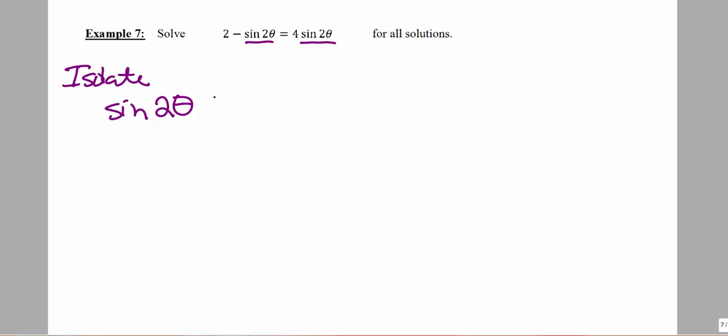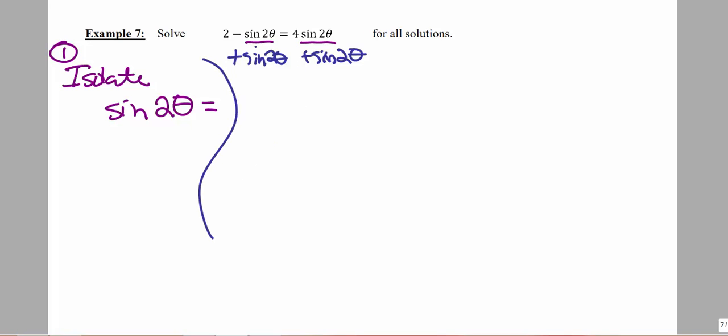We want to get sine 2 theta by itself on one side. That's our first goal. In order to do that, let's add sine of 2 theta to both sides.